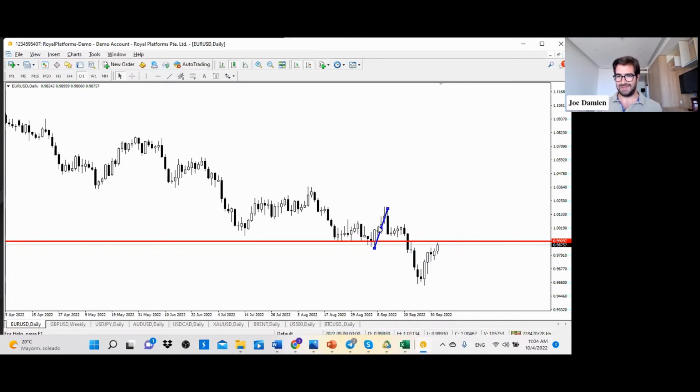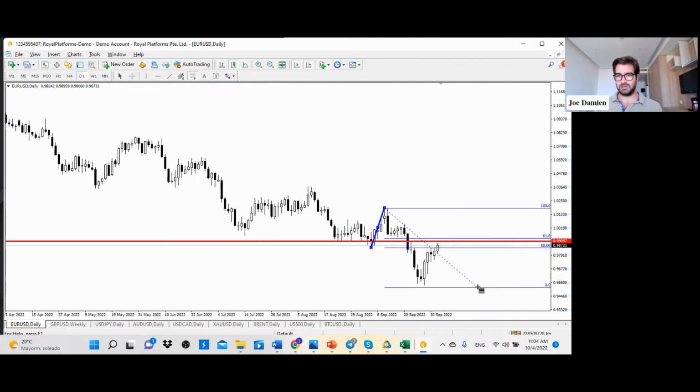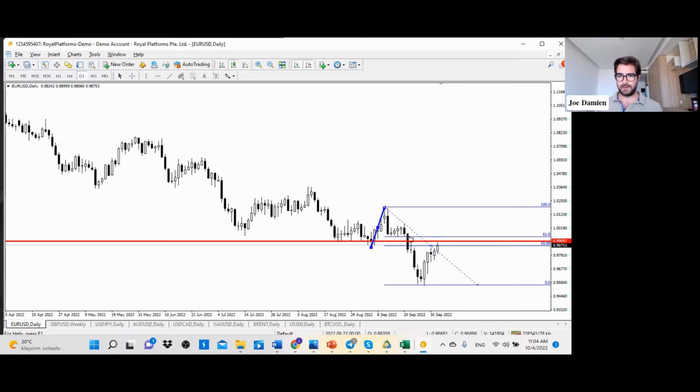We don't know yet, but most probably it will be the same. Why? Because we have a strong resistance here. Also, if we use a Fibonacci retracement, we can see that the market is entering the 50 and 61.8 zone, which is a crucial one here.